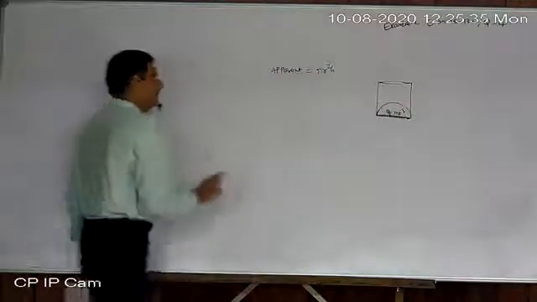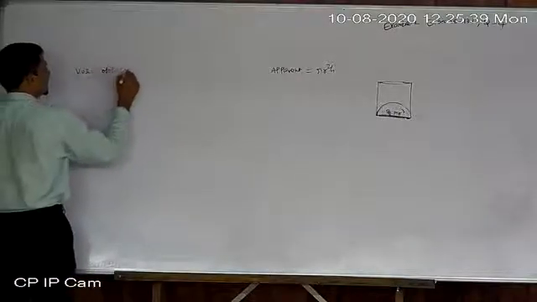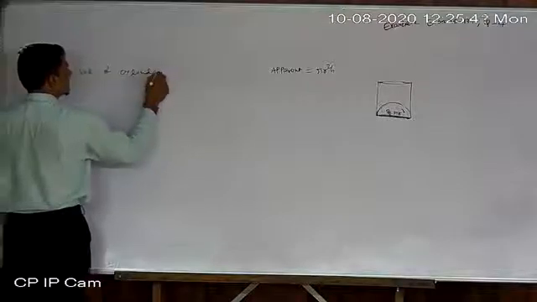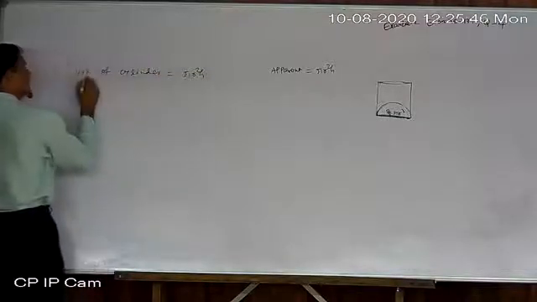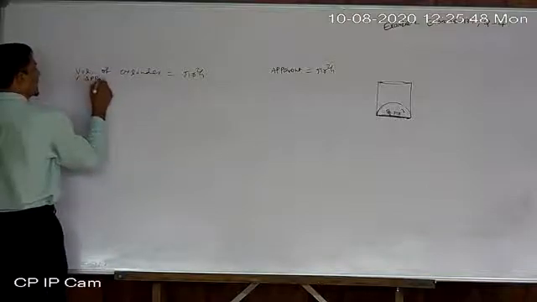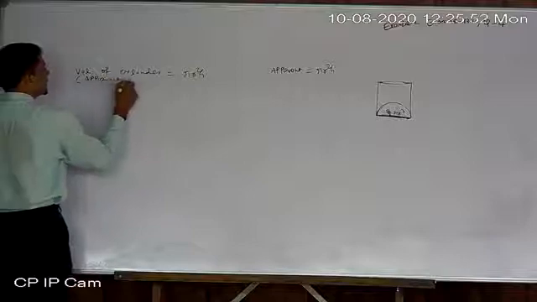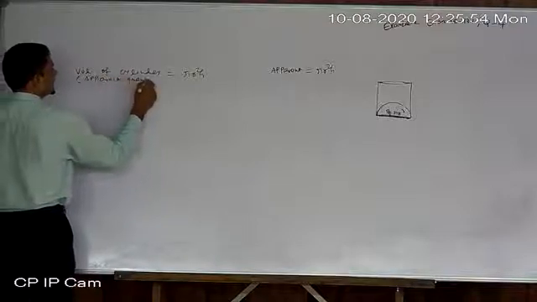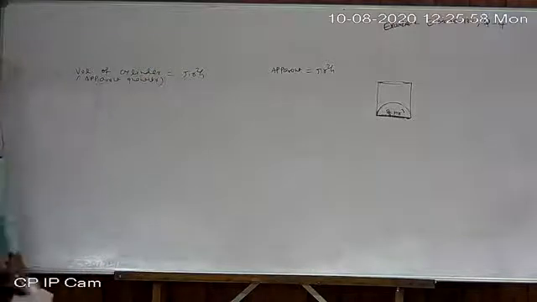Here you have to find first of all the volume of the cylinder. Volume of cylinder is equal to pi r square h, and that is nothing but the apparent quantity. So the first answer you will obtain from that part only.